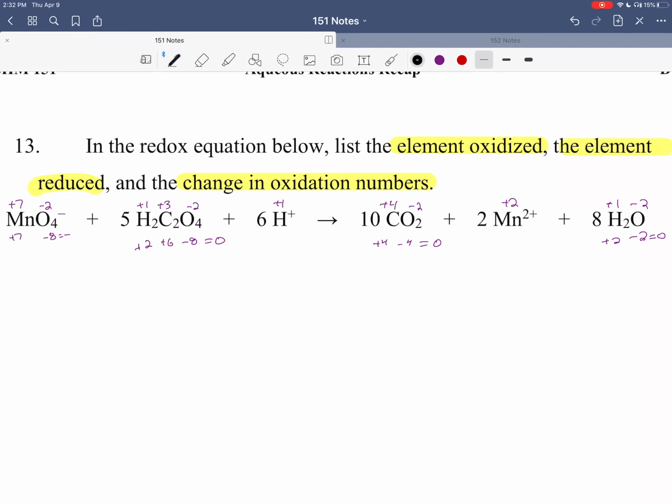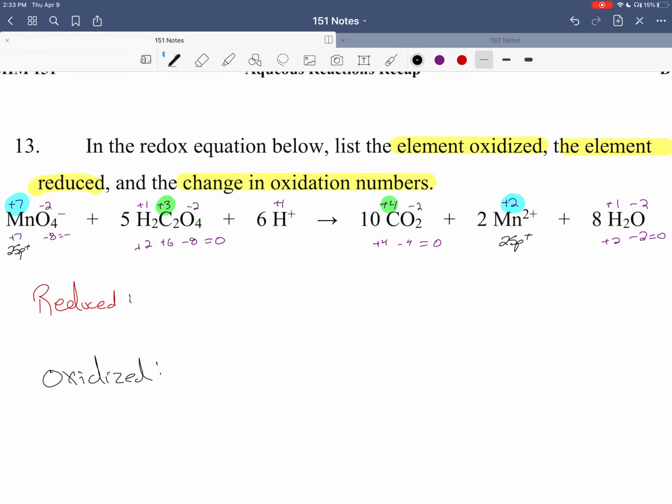All right, who changes here? Manganese changes. Carbon changes. So somebody is oxidized and somebody is reduced. In this situation, manganese has 25 protons.